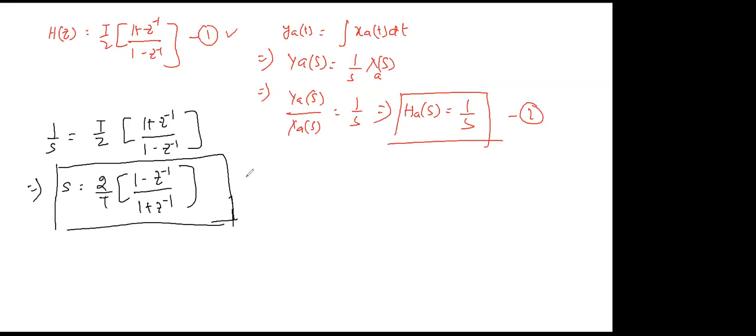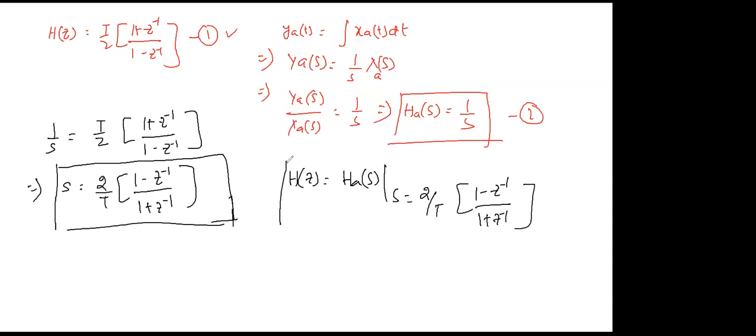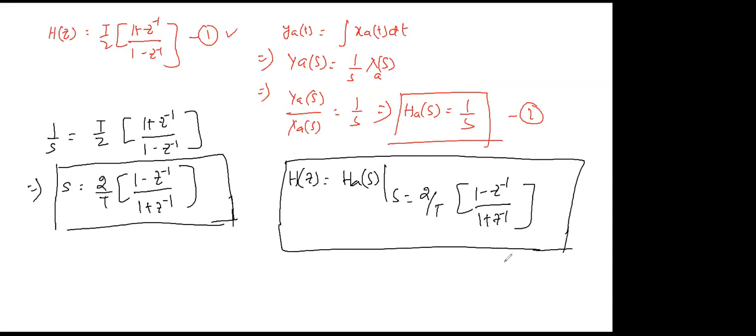This is the bilinear transformation. In this bilinear transformation, simple, H of z equals H of s, just replace s by 2 by T times 1 minus z inverse by 1 plus z inverse. Now a question may arise in your mind: why is the name bilinear transformation?